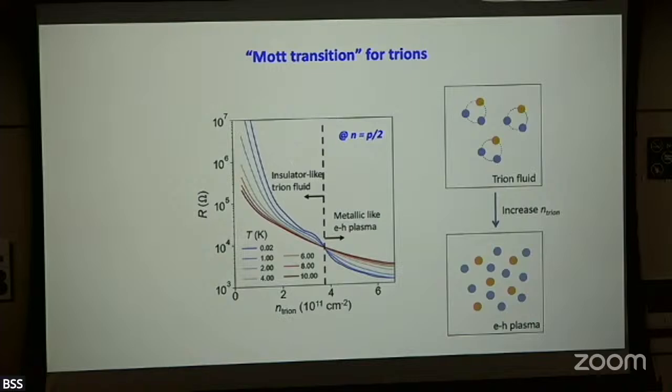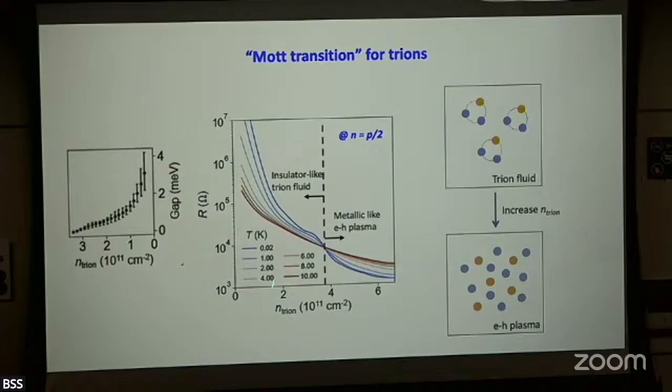And then indeed, if you analyze the temperature dependence, you can get the activation, or whatever, to estimate the binding energy of the trions. So at zero density, the binding energy is the largest, in this case about 3 milli-electron volts. And when you increase the trion density, it continuously goes down to 0.